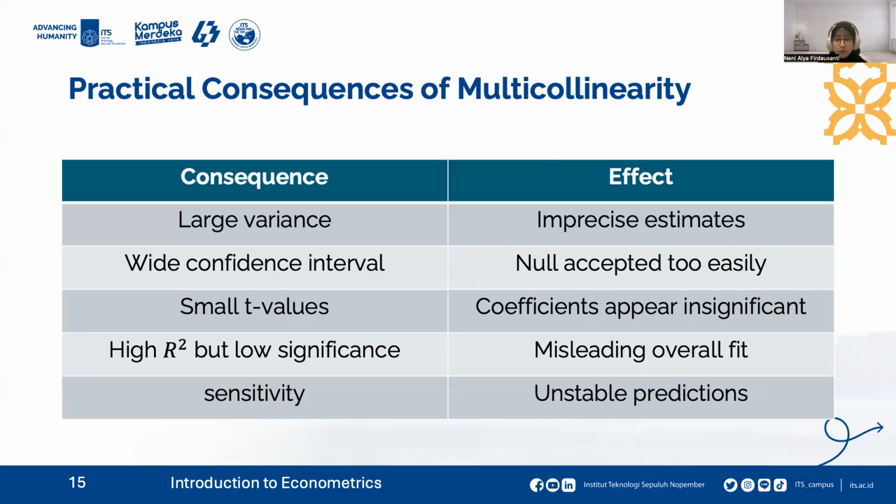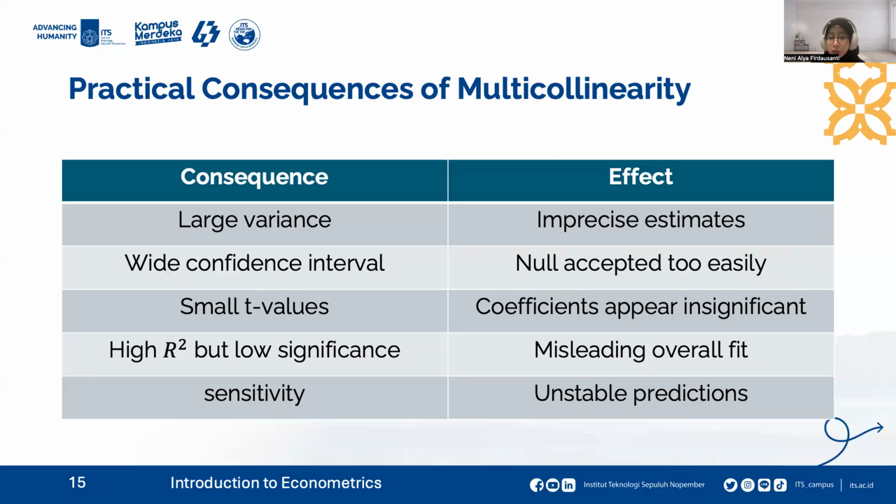The next one is high R square but low significance. If you have a high R square, which means your model captures a good portion of the variability of the dataset, but when you look at the partial tests none of them are significant, there is something wrong with your model.